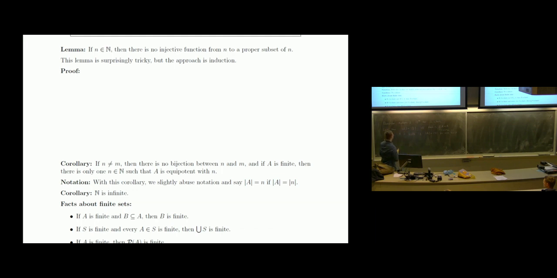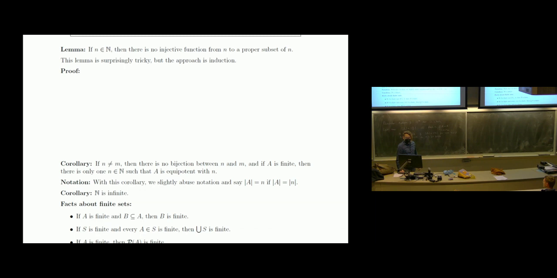So these are the finite sets, and A is infinite if it is not finite, which is not especially satisfying, but is a definition.